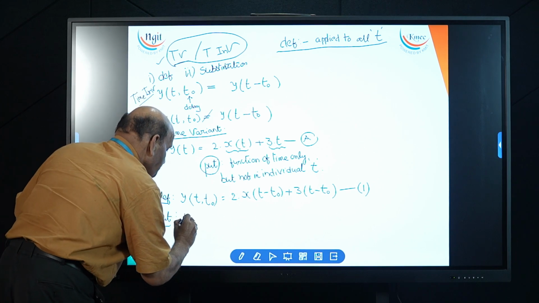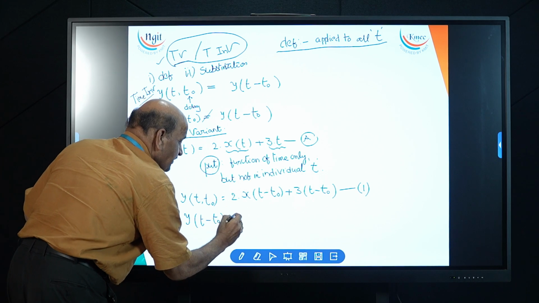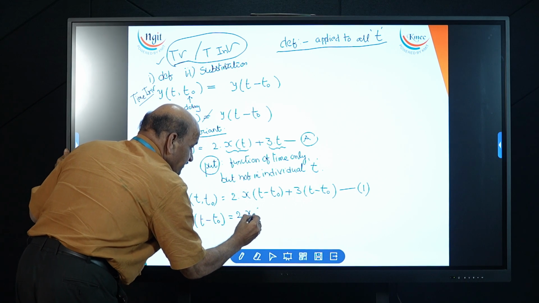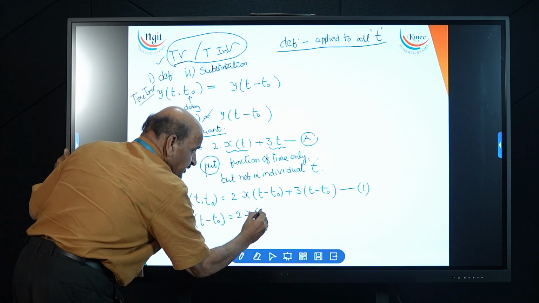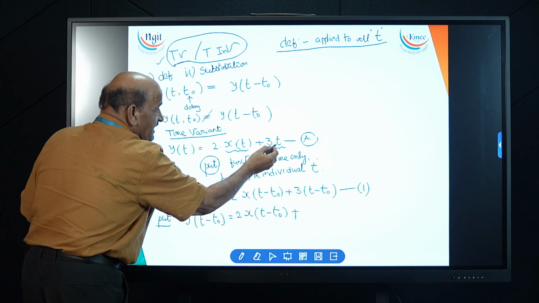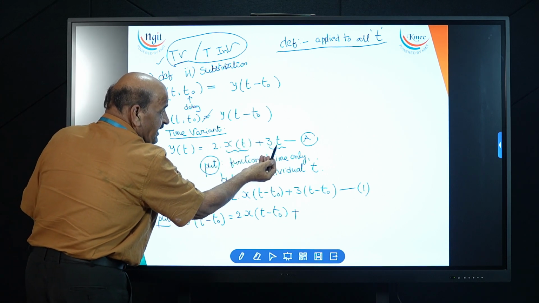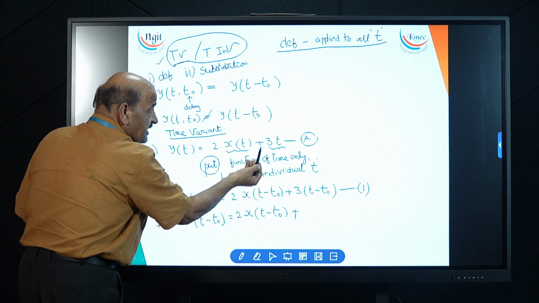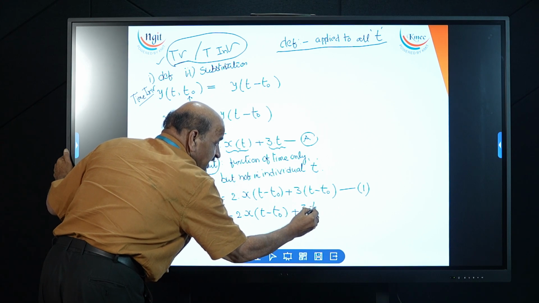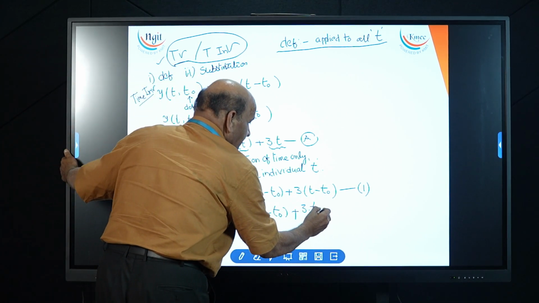So y of t minus t naught is equal to 2 times, look at the given function, x of t is a function, so replace it by x of t minus t naught, plus 3 t. This t is not a function of t, it is an individual time variable. x of t is a signal, t is a time variable. In a time variable you cannot make any substitution, t remains as it is, constant. So this is equation 2.